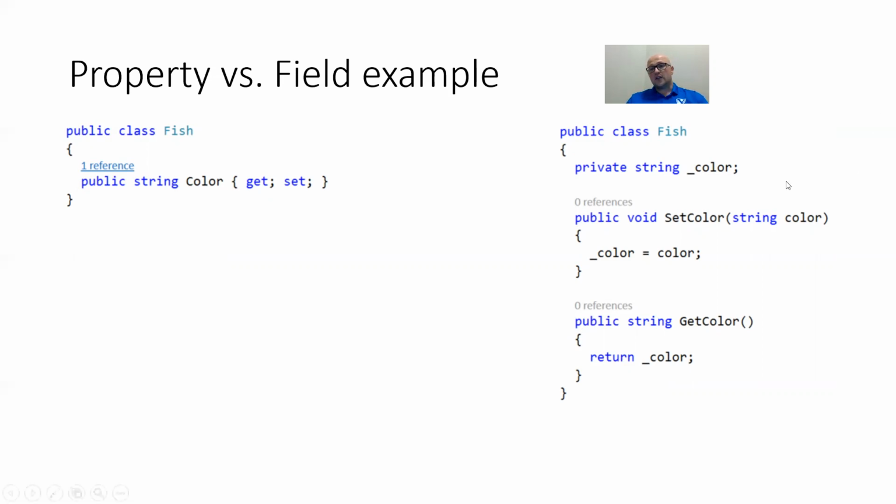So you have a set color method and a get color method in the fish class. Okay, these two things are completely identical, but one is one line of code and the other is like, what, 10, 12 lines of code. So C# gives us this shorthand method here as a replacement for this.